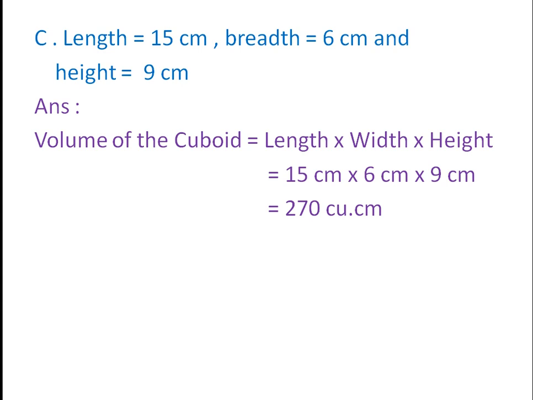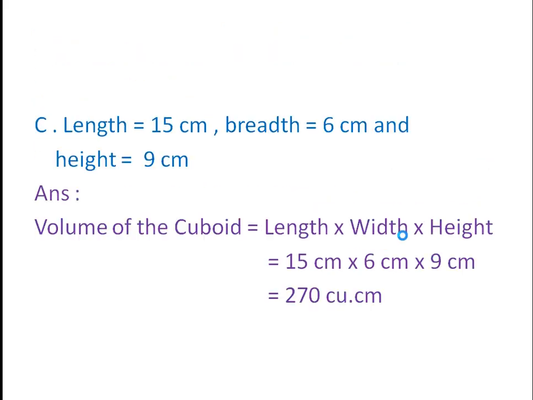Length value is 15 centimeters, width value is 6 centimeters, height value is 9 centimeters, and multiply the three values: 15 6s are 90, 90 9s are 810 cubic centimeters is the answer for the volume of the cuboid. Like this, we should calculate the problems.